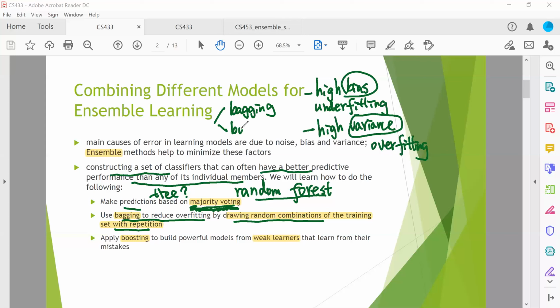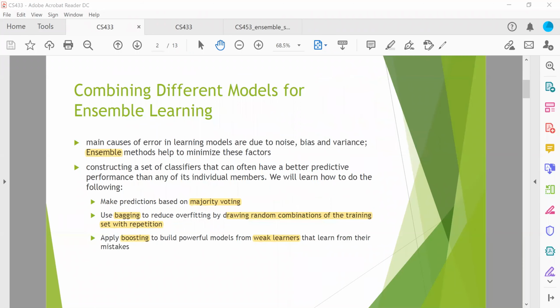The other is boosting. Bagging draws random combinations of the training set but allows repetition. What does that mean? We will see. Boosting starts with weak learners, and then tries to reinforce with some weight. That's why we call it boosting. So this is just some general concept.